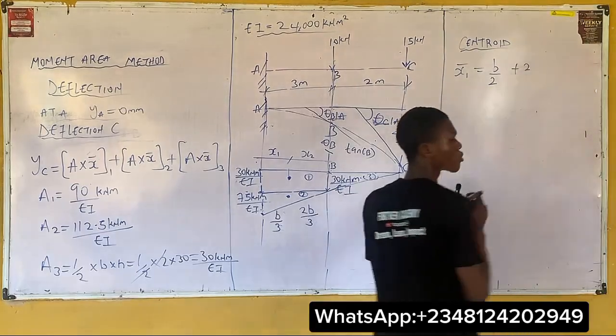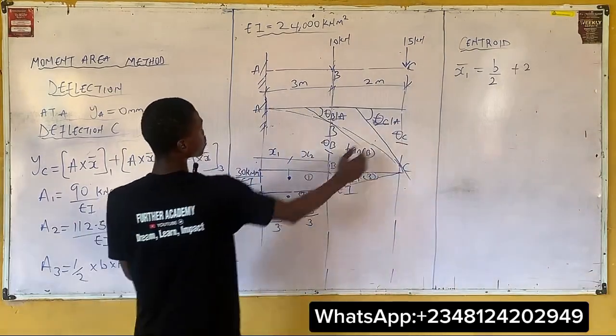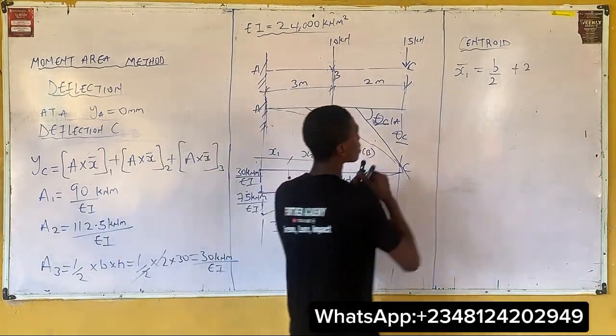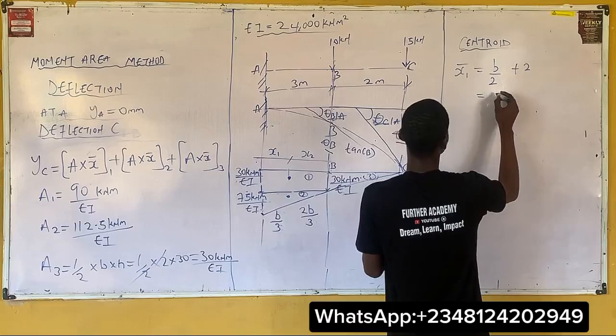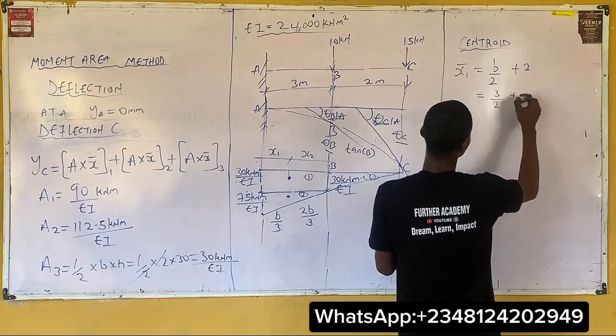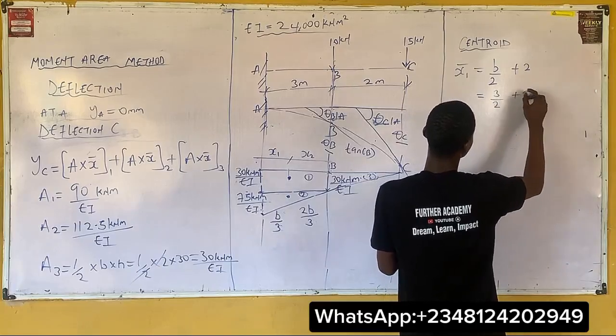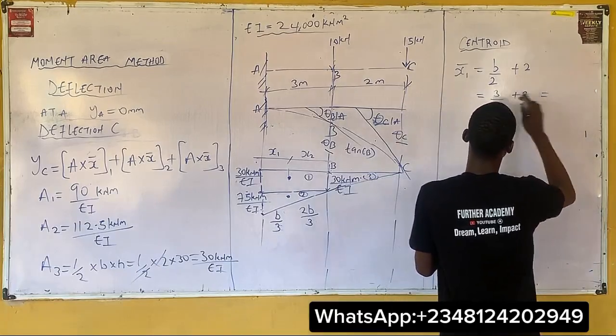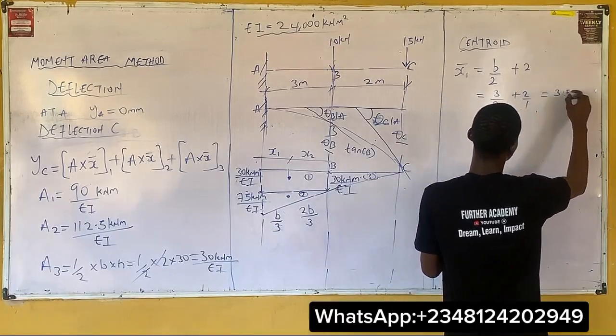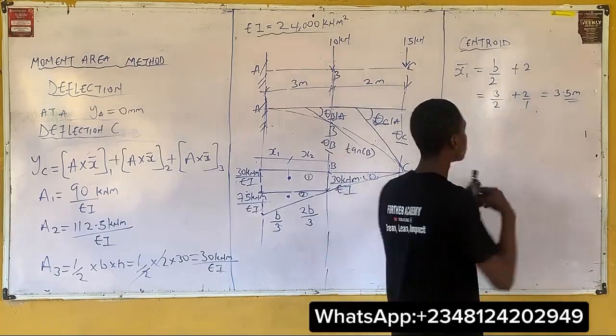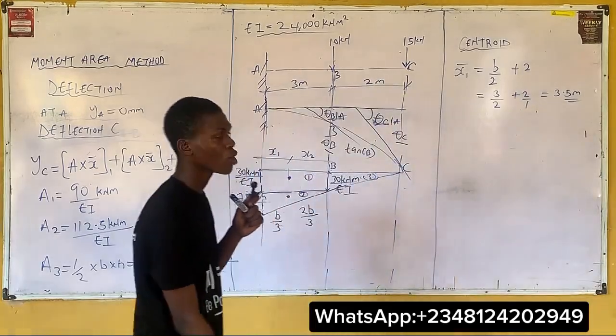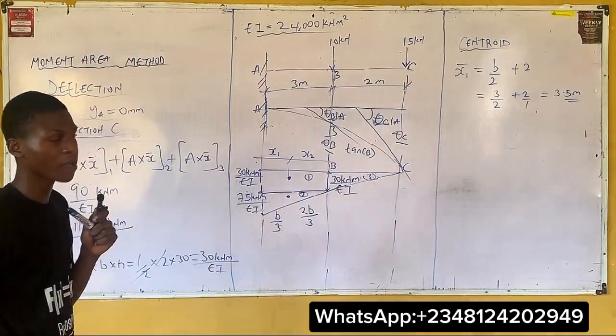Where is this 2 coming from? The remaining distance to get to C. So substitute values. 3 over 2 plus 2, and this gives you 3.5. Right? 3 divided by 2 is 1.5, and 1.5 plus 2 is 3.5.